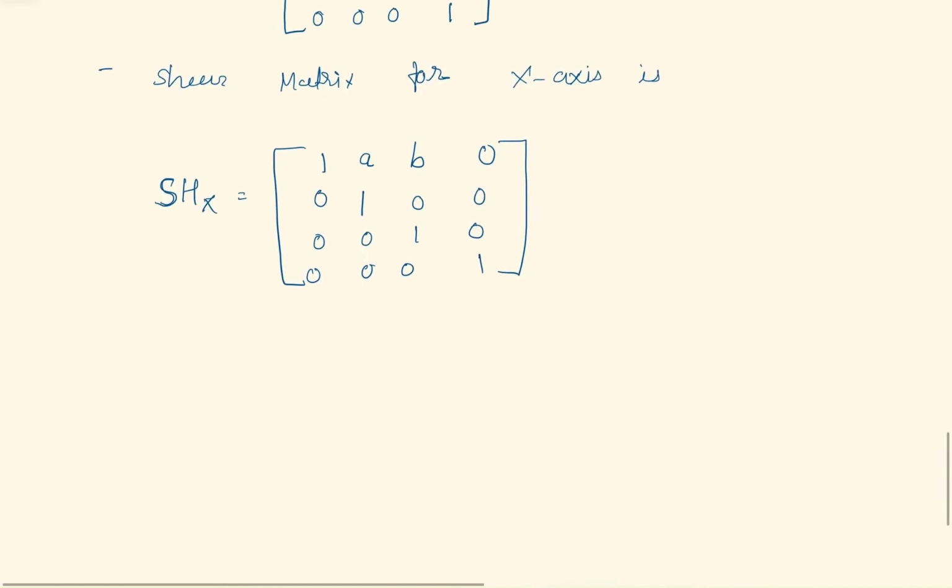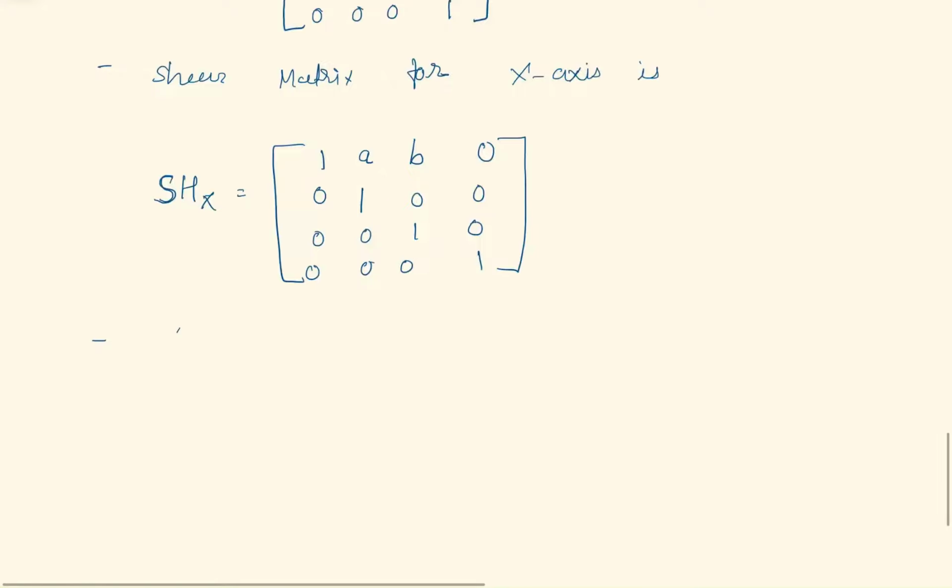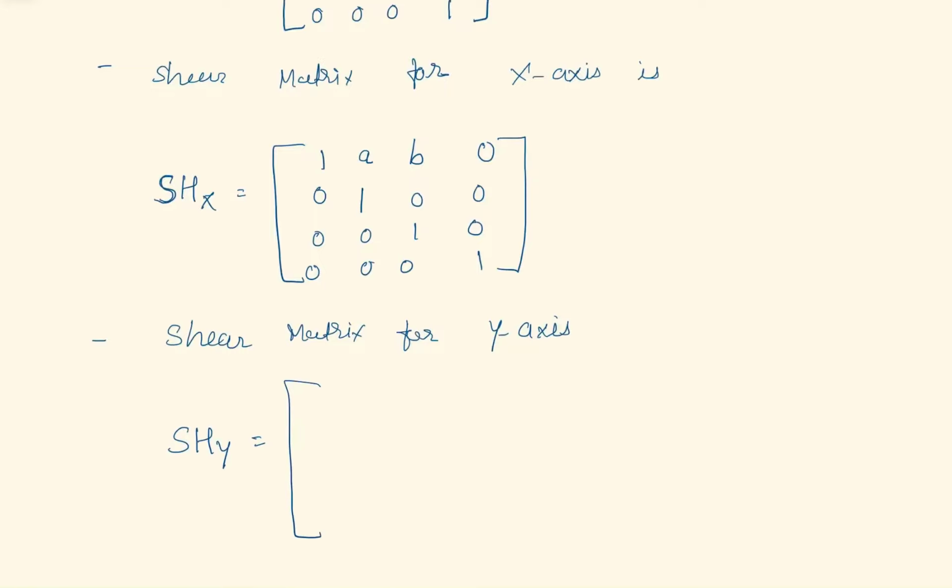Similarly, we get the equation for the y axis. The shear matrix for the y axis, that is SHY, is 1 0 0 0, a 1 b 0, 0 0 1 0, and 0 0 0 1. This is the shear transformation related to the y axis.